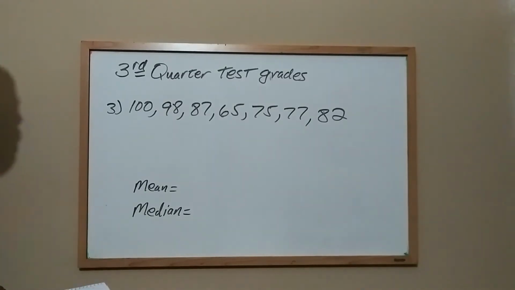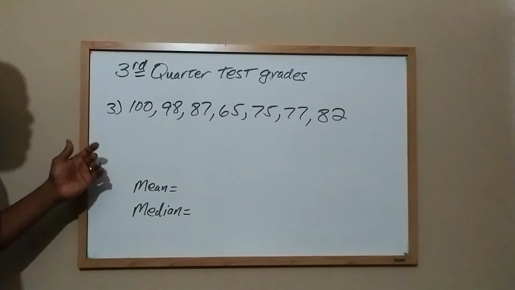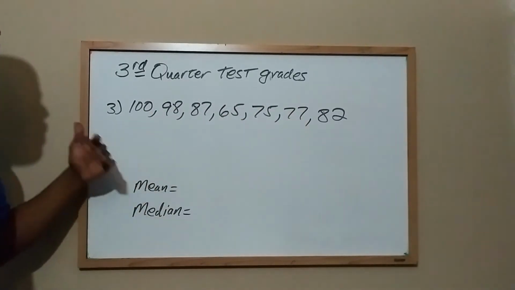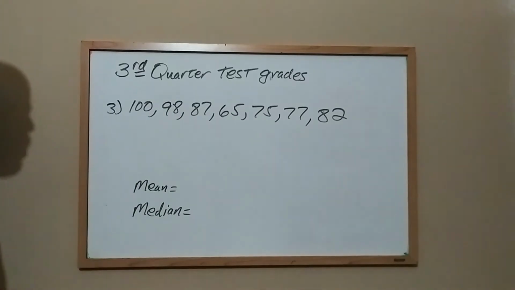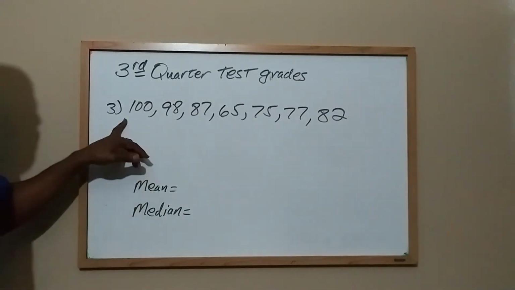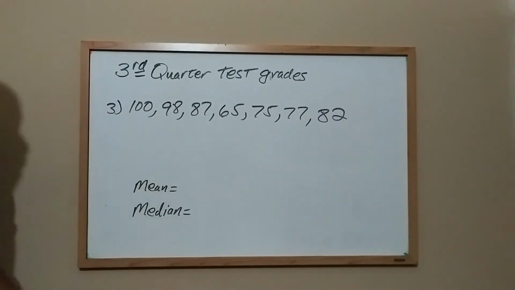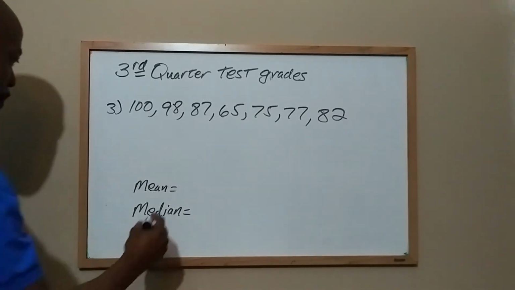All right. So to find the mean, keep in mind we don't necessarily have to put the numbers in order from least to greatest. We just need to add the numbers up, get a total, then divide by the amount of numbers given in the list. In this example, if I add up all of the numbers, I come up with 584.